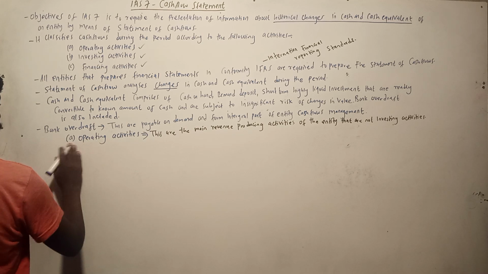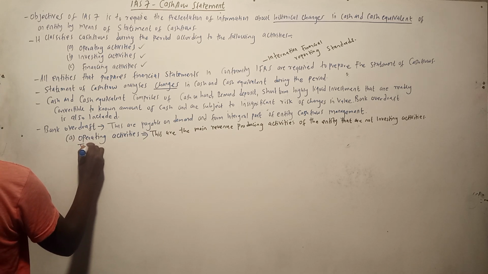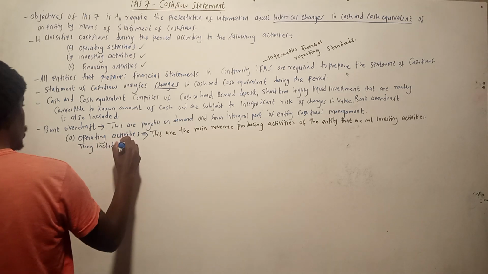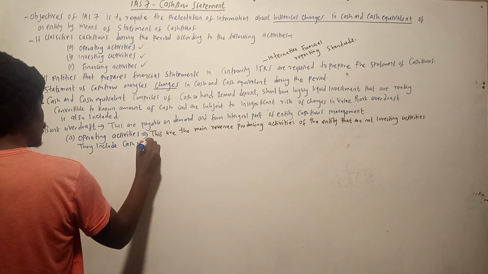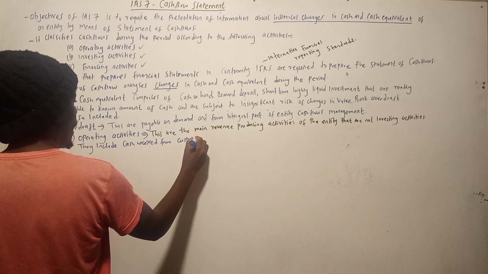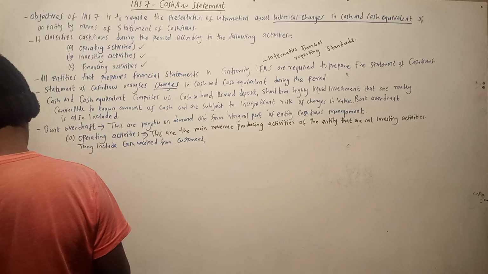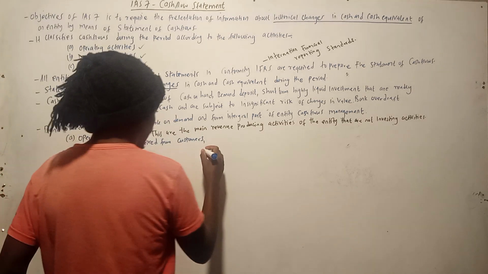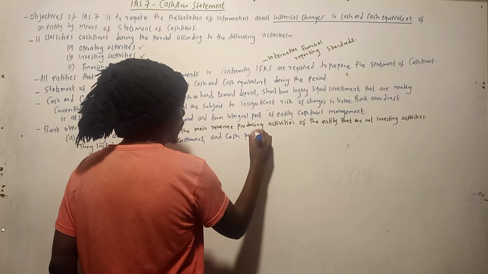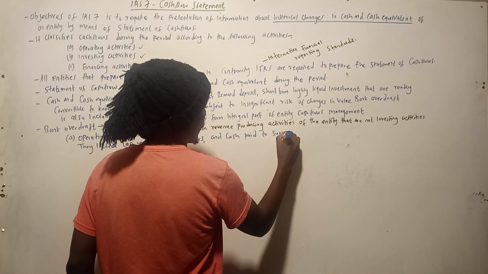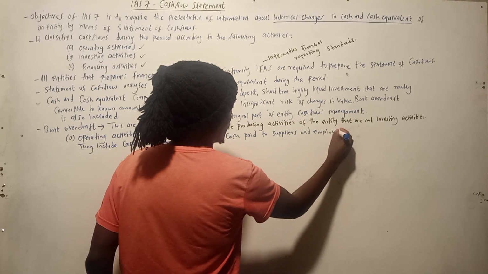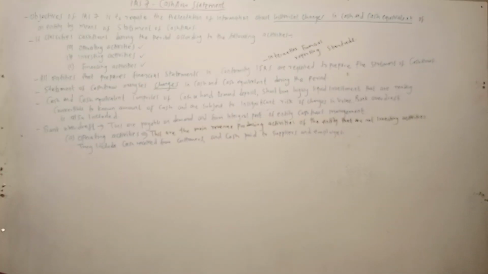Number two, you can give examples. They include cash received from customers, and then cash paid to suppliers and employees, salaries and wages, and so on.